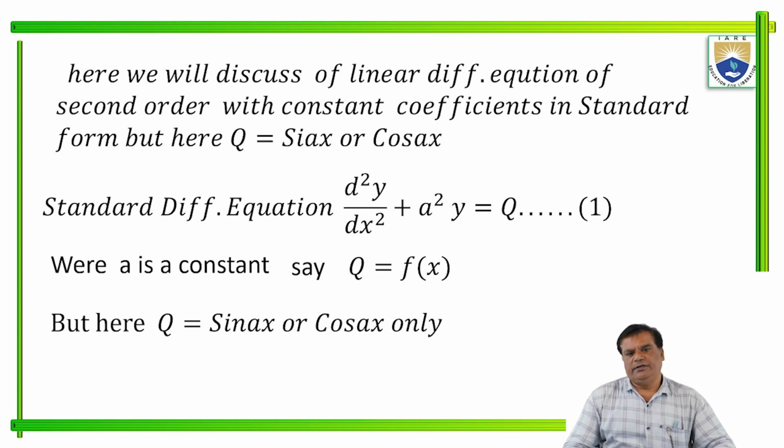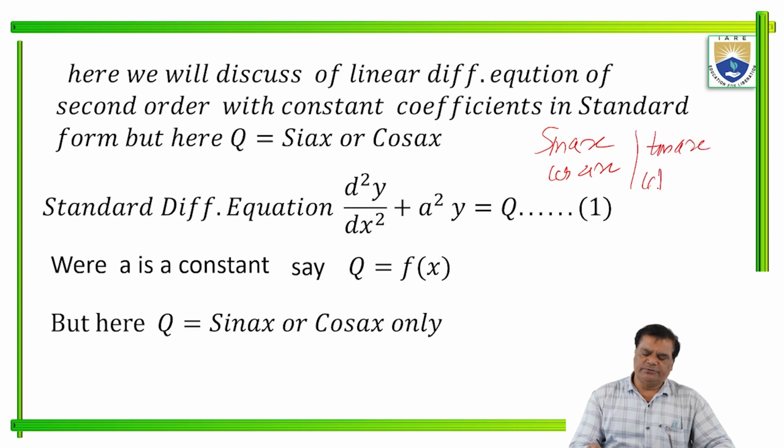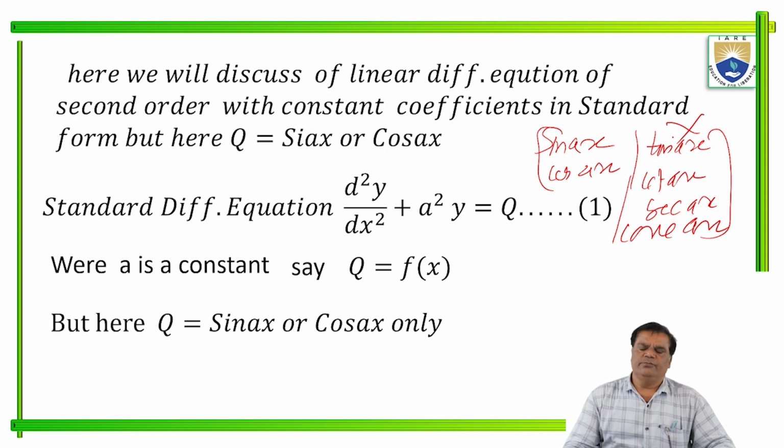Out of the trigonometrical functions sin ax, cos ax, tan ax, cot ax, sec ax, and cosec ax, only these two functions are allowed here. We cannot find PI of these four functions here.